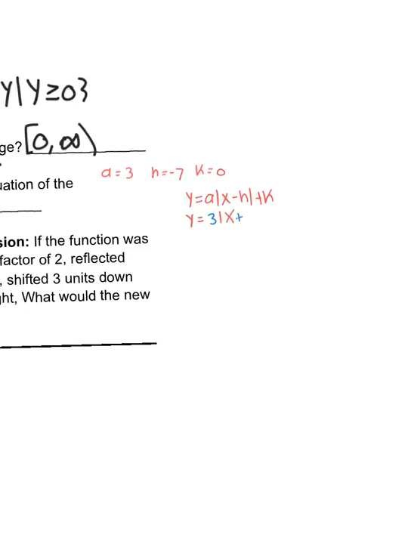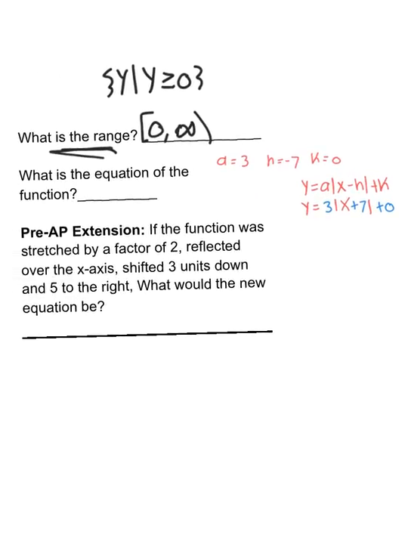So this is going to become +7. And then plus k is +0, but we don't really need to write that because adding 0 to something doesn't change it. So your equation is just going to be y equals 3 times the absolute value of x plus 7. You don't need to put the +0 in the back.